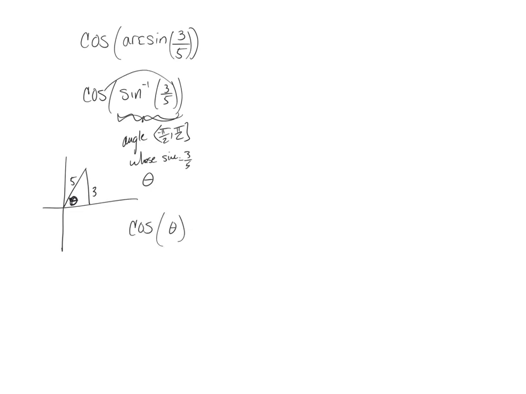Now we have a picture of that angle, and since we're being asked about its cosine, we just need to figure out the adjacent side so we can put it over 5. A quick little Pythag, or knowing that it's a 3, 4, 5 triangle, tells you that that's going to be 4. And so the cosine of that angle would be 4/5. So the cosine of the arc sine of 3/5 is simply equivalent to 4/5.